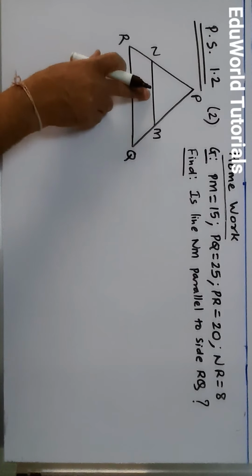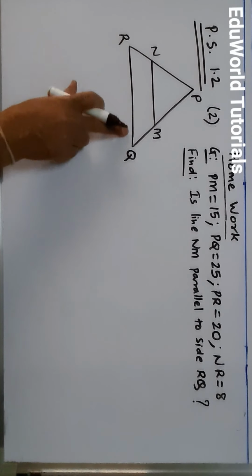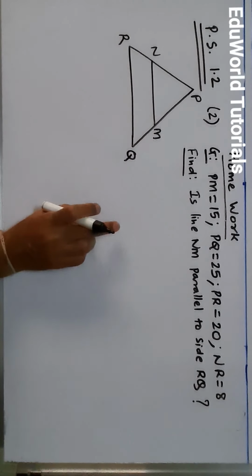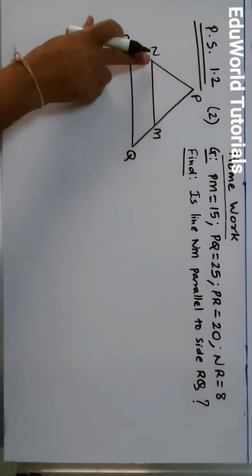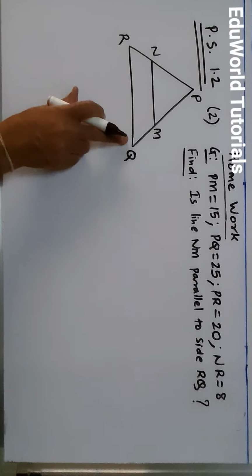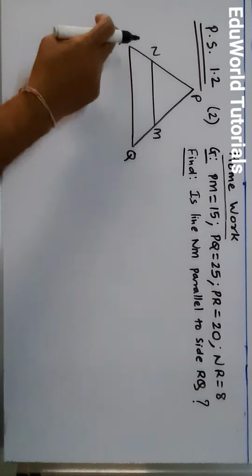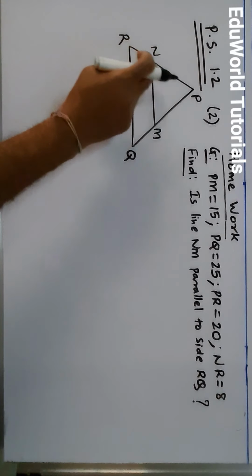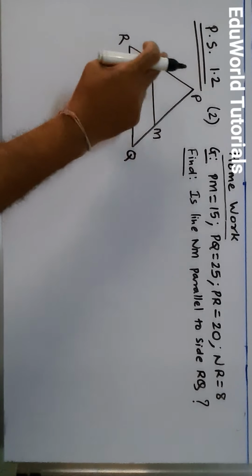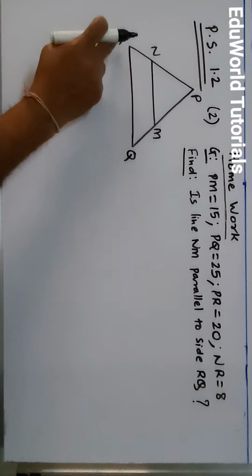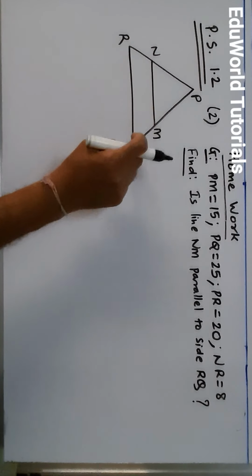So naturally, whenever we have to prove that line NM is parallel to side RQ, we use converse of BPT. Right? For line NM to be parallel to side RQ, line NM should divide side PR and side PQ in the same ratio. That means ratio PN to NR should be equal to ratio PM to MQ.